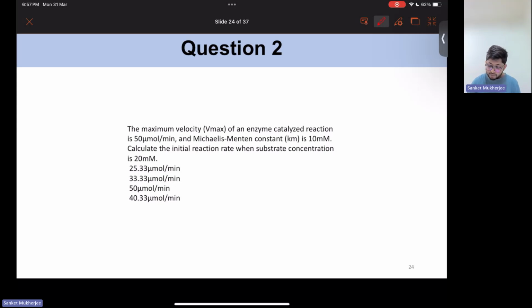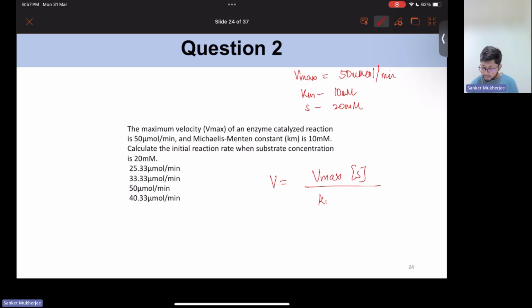So to find out, we have what has been given to us. Vmax is 50 micromole per minute. Km is 10 millimolar. And S is given as 20 millimolar. So V is equal to Vmax into S by Km plus S. This is the Michaelis-Menten equation. We can just put the values here. It's millimolar, so we'll convert it into micromolar.